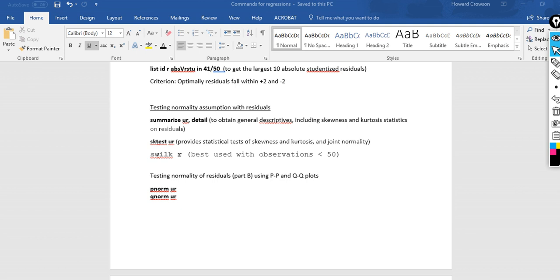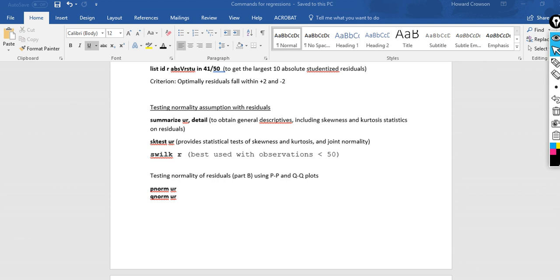So we're going to continue on by looking at another assumption related to the residuals in regression, and that is the assumption of normality of the residuals. In the previous video, I mentioned that residuals are prediction errors, the difference between a case's actual observation on y and the fitted value on y.